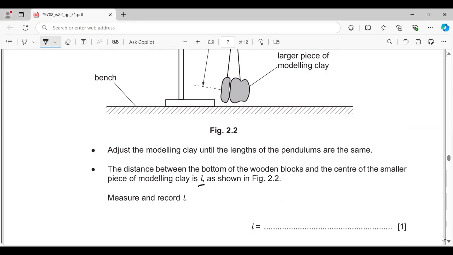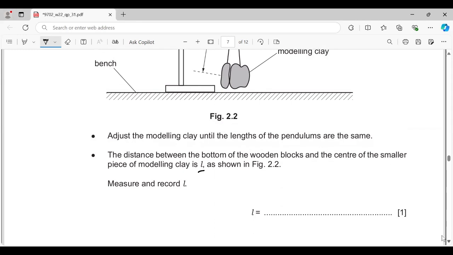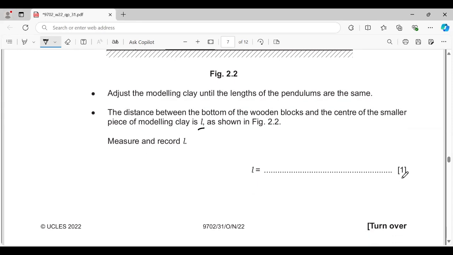Measure and record L. So for the length of the string, I use 20 centimeters.